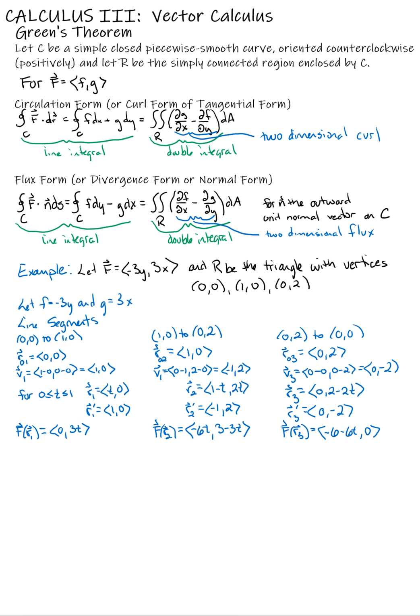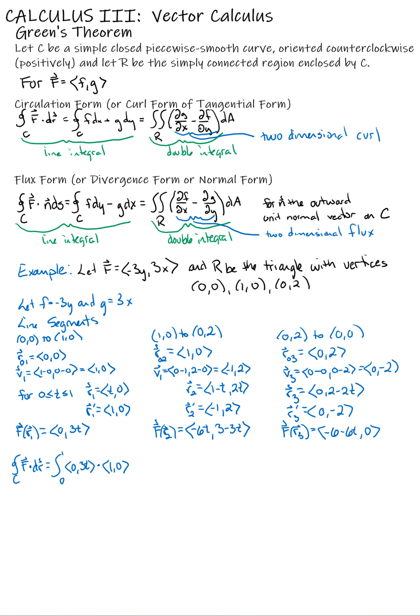Let's start with that. We're looking at the line integral over C of f dotted with dr. So that's going to give us the integral from 0 to 1, again, that's our parameter t, of f 0, 3t dotted with r prime, 1, 0.